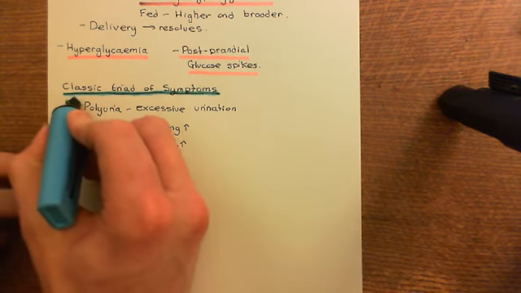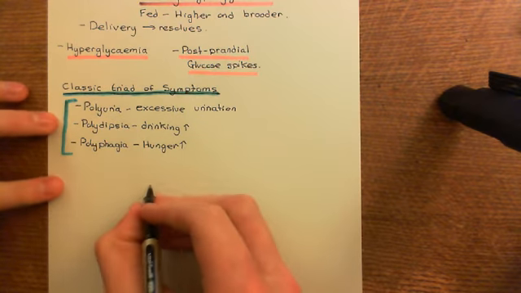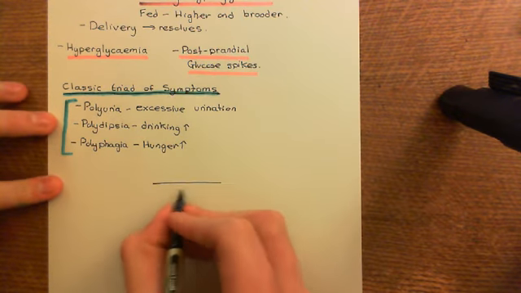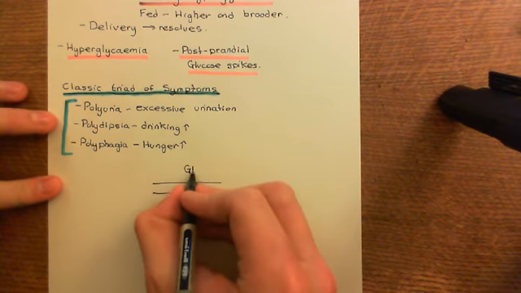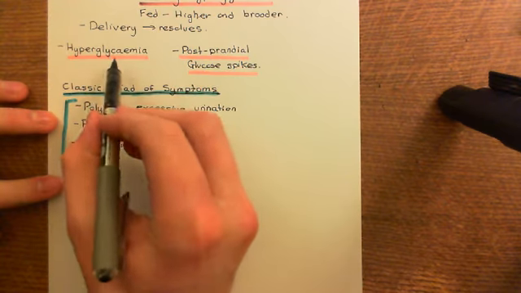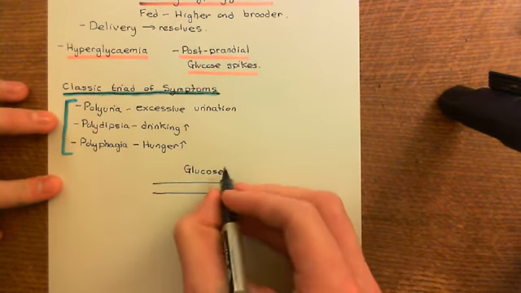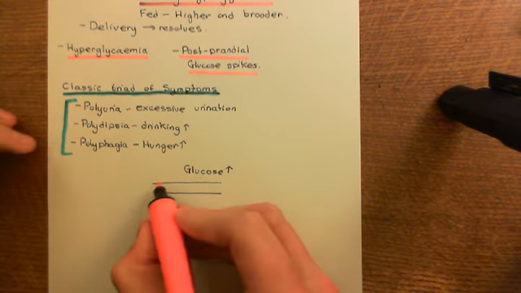So let's discuss why having hyperglycemia chronically is going to cause these 3 symptoms. Let's draw some pictures for this. If we have our blood here, and let's say our blood glucose is chronically too high, because our fasting blood glucose is just too high all the time, so glucose is always high within the blood.